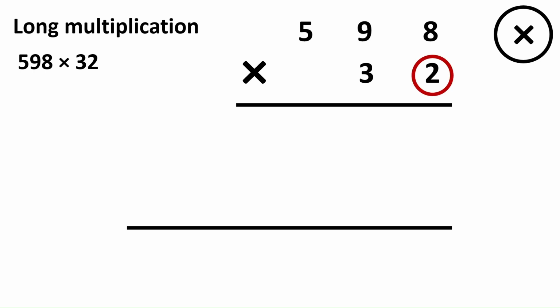So let's start with our 2. We're going to be using it as an anchor. First of all, we're always going to go up to the 8. We know 8 multiplied by 2 is 16. I'm not going to be showing how we transfer digits and so on, because you should know that by now. So we get 16.